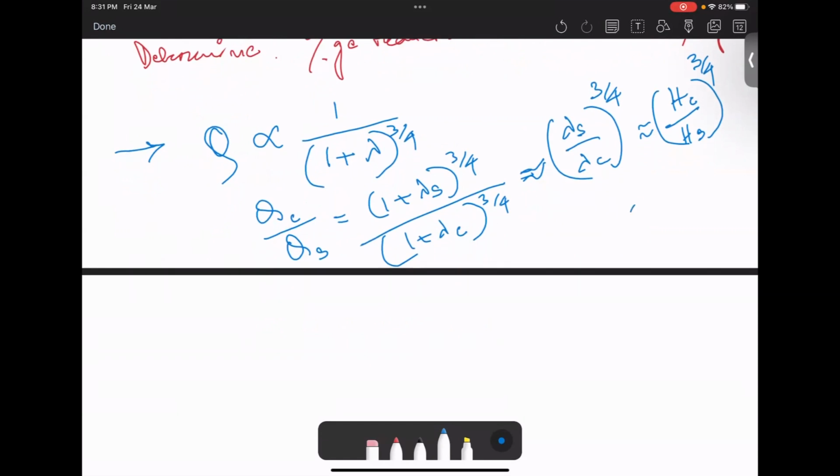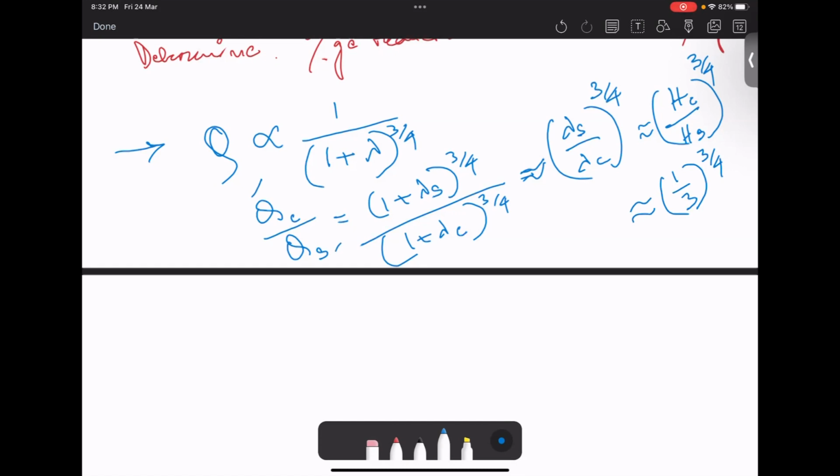So if we assume that hardness of steel is thrice that of copper, you know that copper is a softer material, more ductile when compared to stainless steel. So if we assume the ratio of hardness of steel to copper to be thrice, then 1/3 raised to the power 3/4 becomes the ratio of your material removal rate, copper to steel.